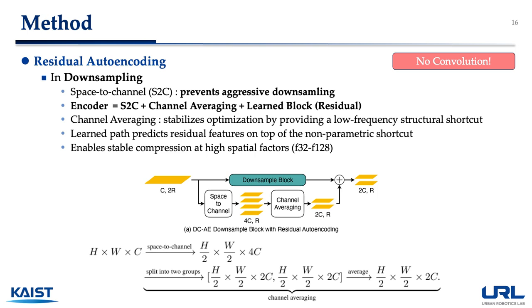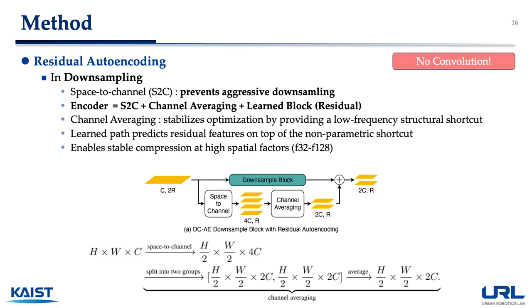Now let me explain the core idea of residual autoencoding, in both downsampling and upsampling. The main idea is to avoid aggressive stride-based convolutions, which usually destroy high-frequency details and make high-compression VAEs collapse. And S2C simply rearranges the pixels into the channel dimension, so it reduces the spatial resolution without losing information.